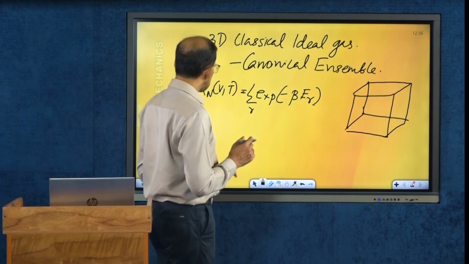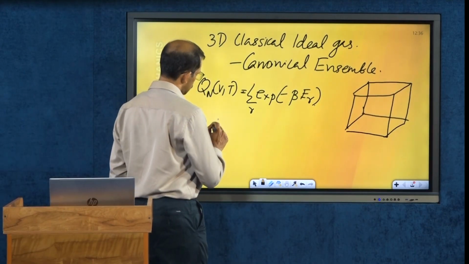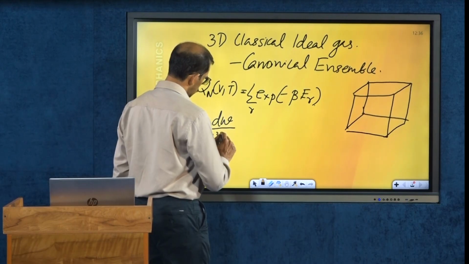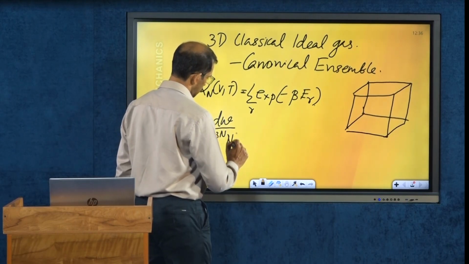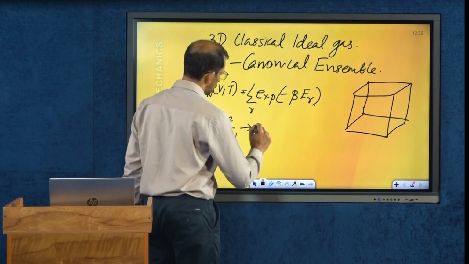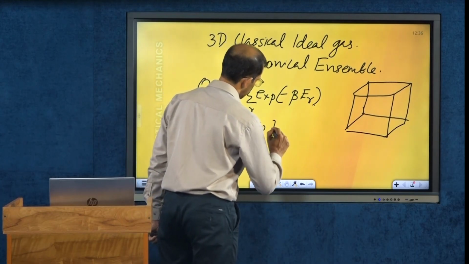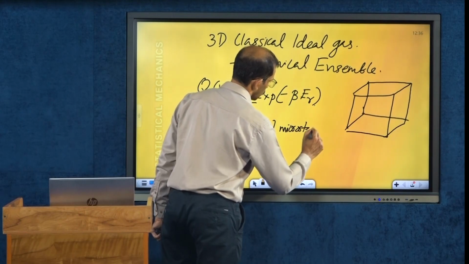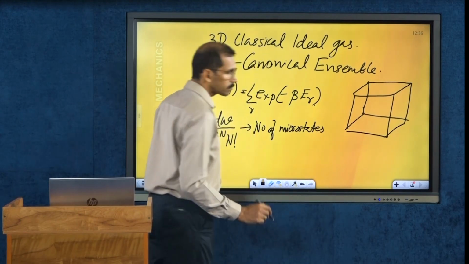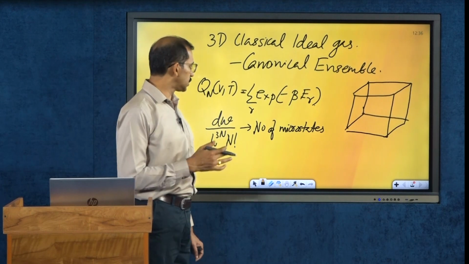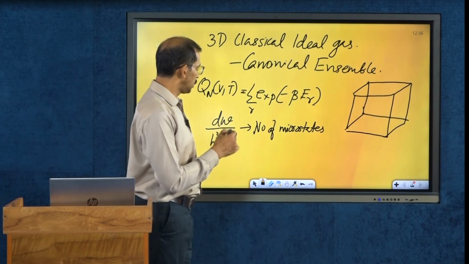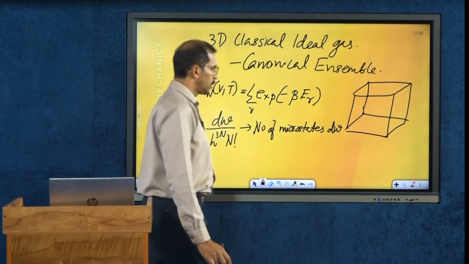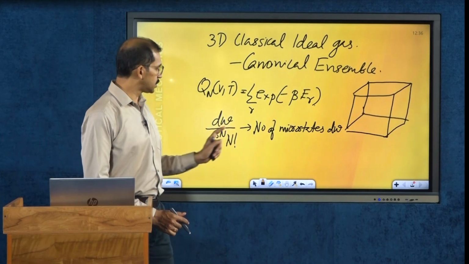Without any explanation, I can write that number as d omega by h raised to 3N, N factorial. So this is the number of microstates in the phase space volume d omega. If the volume is d omega, this is the number of microstates.